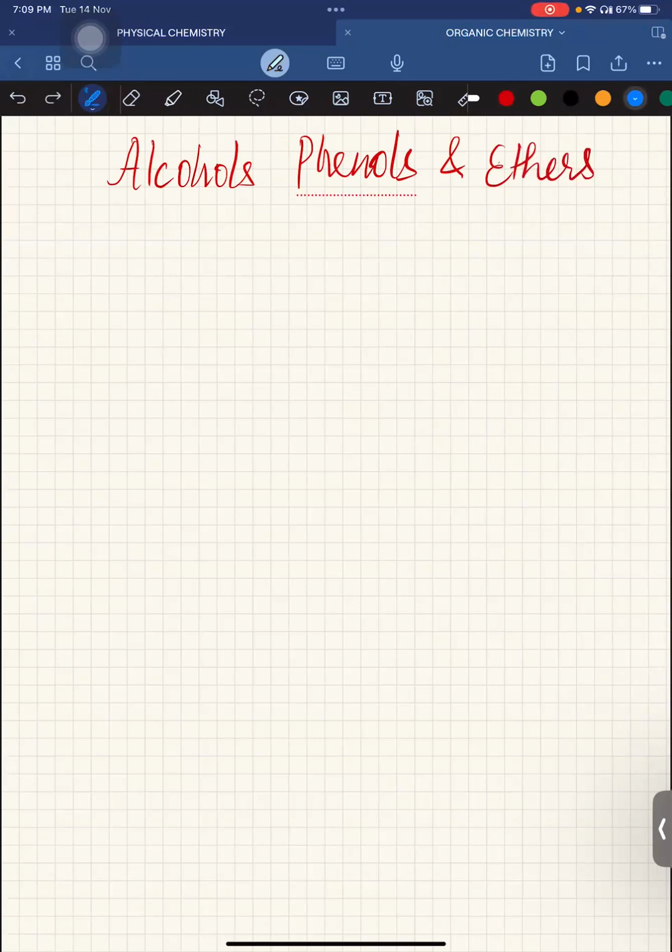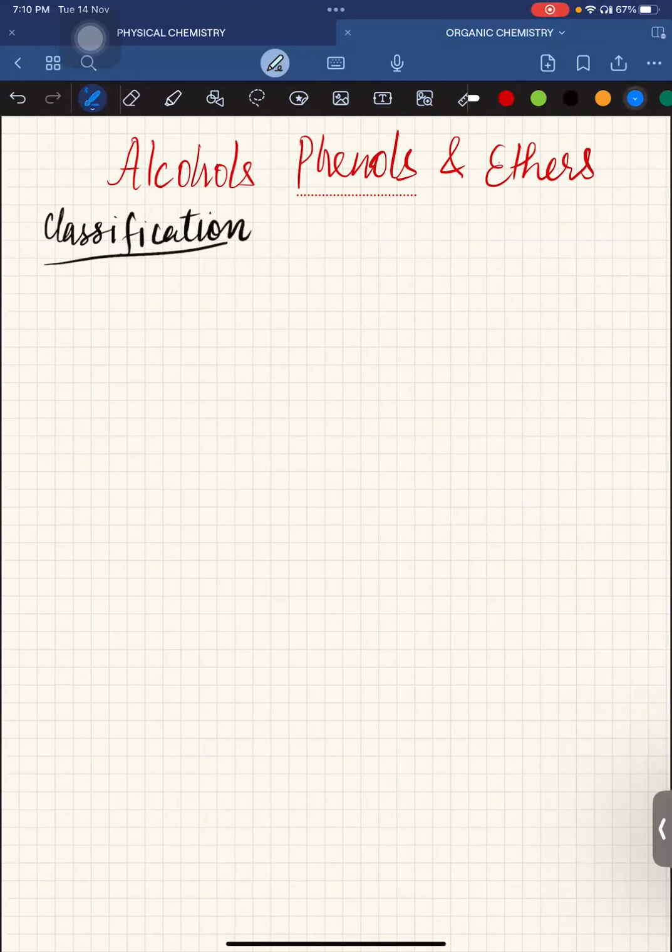First we will study alcohols, then phenols and ethers, but we are going to classify alcohol and phenol together. Very simple, the way we did the first chapter, classification. I think you are aware of this classification.